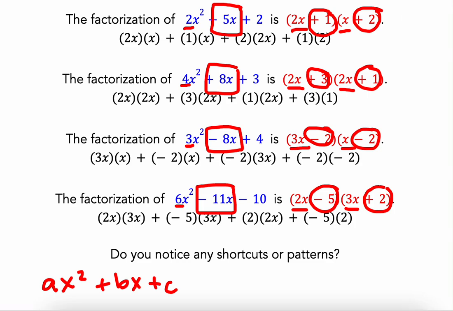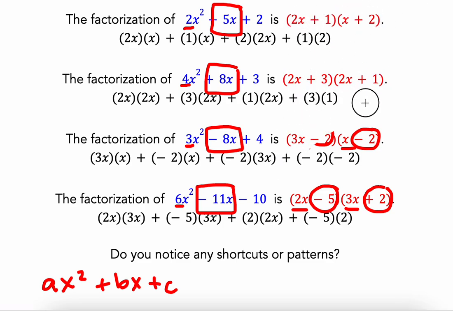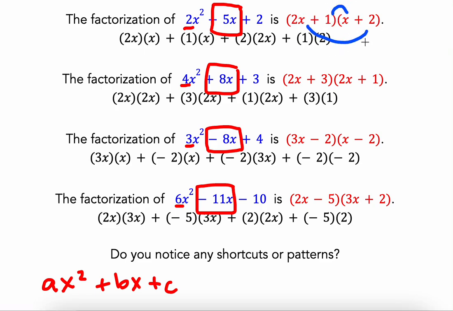So you'll probably notice that, let me go ahead and erase some of this over here so that you can see it a little more clearly. In order to get this positive 5x, I have 1 times x, which will get me to 1x, and 2x times 2, which will get me to the 4x, so that later on they'll add together to get 5x.